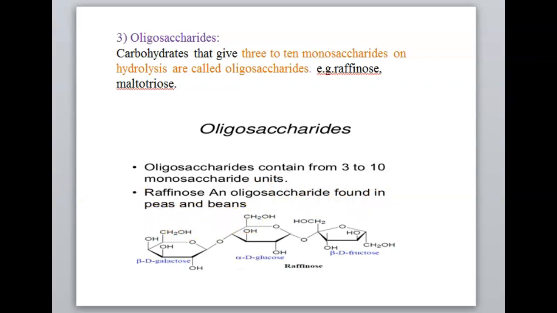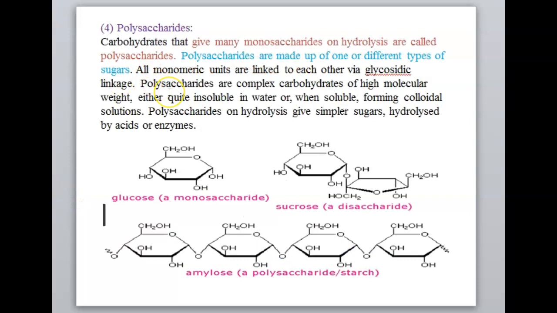Okay, now the next is the polysaccharides. Polysaccharides, the word indicates poly means many monomeric units or many monosaccharides are joined together, so that is given as the polysaccharides. Carbohydrates that give many monosaccharides on hydrolysis are called polysaccharides.